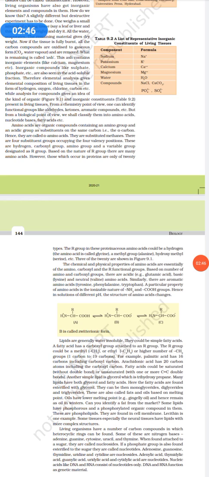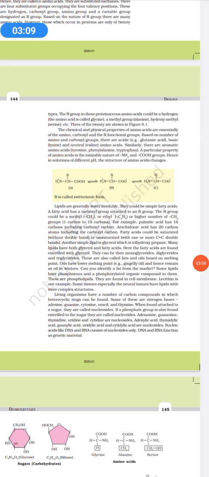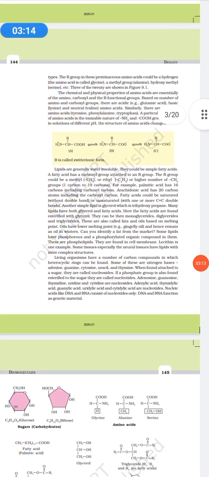Amino acids are organic compounds containing an amino group and an acidic group as substituents on the same carbon, that is the alpha carbon. Then there is an R group, and based on the R there are several amino acids, like the 20 amino acids. Next we have the lipids, which are water insoluble fatty acids. Here the R could be methyl, ethyl, and so on.